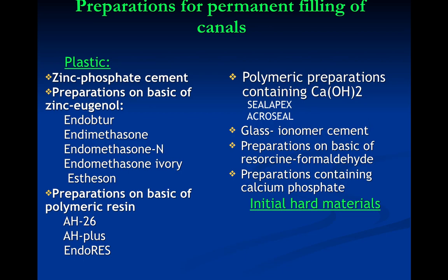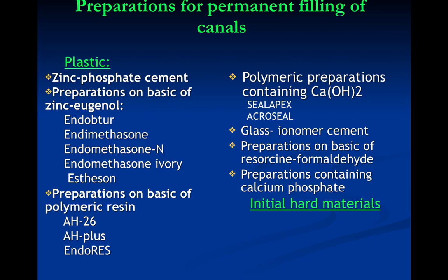Then glass ionomer cements. Especially pay attention to the endodontic glass ionomer cements, which we use for endodontic treatment, not ordinary glass ionomer cement. Preparations on the basis of resorcinol formaldehyde.